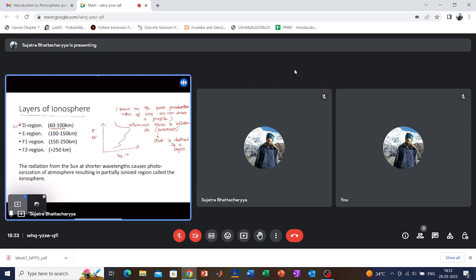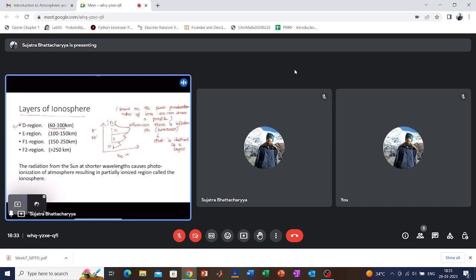See, this is the turnover, again this is the turnover, this is the turnover, and this is the turnover. Therefore, this is F2, this is F1, this is E and this is D. In this way, wherever there is an inflection point, that becomes a different layer, like D, E, F1 and F2.